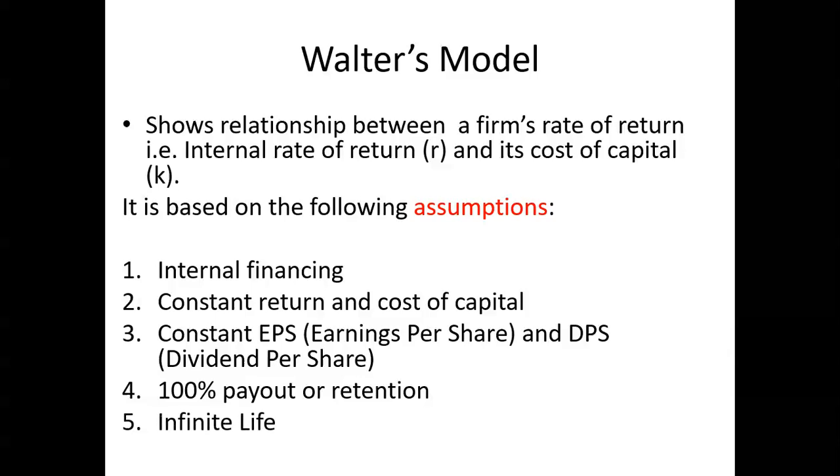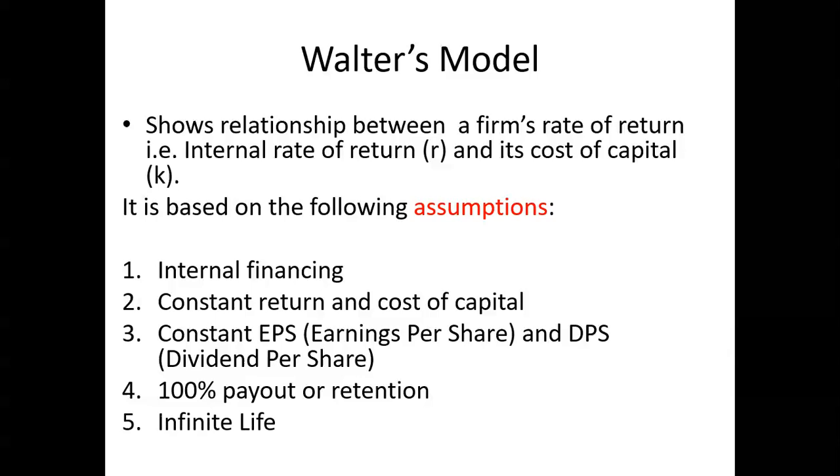Another assumption is constant EPS, earnings per share, and DPS, dividend per share. The beginning earnings and dividends of the firm never change, though different values of EPS and DPS may be used in this model. They are assumed to remain constant while determining the value of the share.